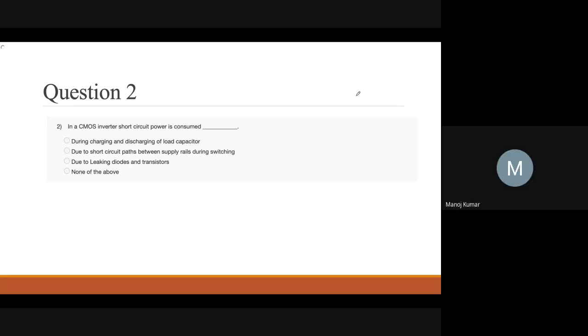Option B, ma'am. Yes, option B is the right option, due to short circuit path between the supply rails during the switching.